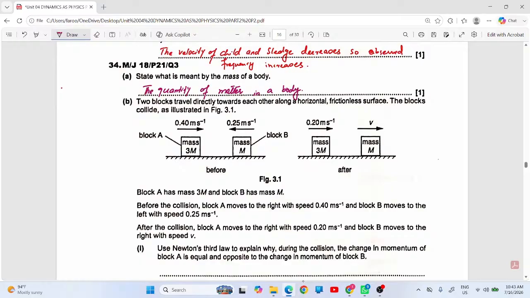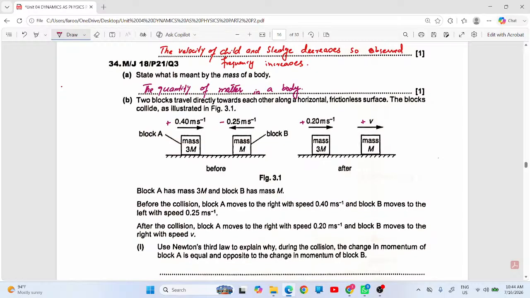Next is two blocks directly along the blocks guide. Block A and block B are moving towards each other, and the object which is moving left is negative.